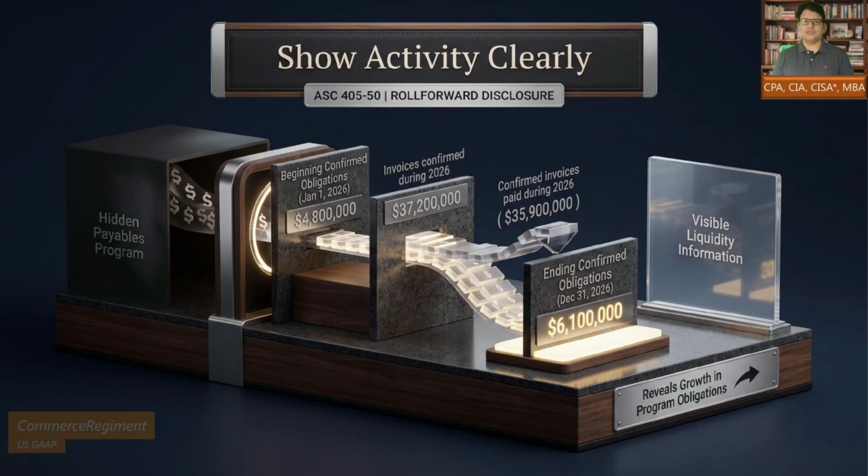Ending confirmed obligations are $6,100,000. The increase is $1,300,000 because 4.8 million plus 37.2 million minus 35.9 million equals 6.1 million. Analysts use this roll forward to see whether accounts payable includes program related financing effects.